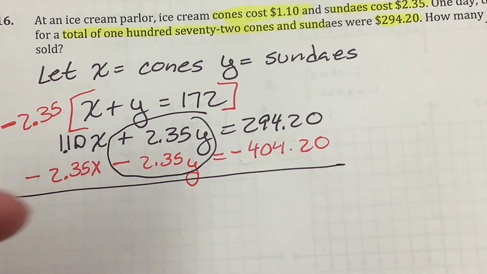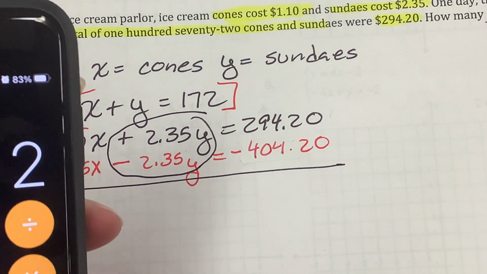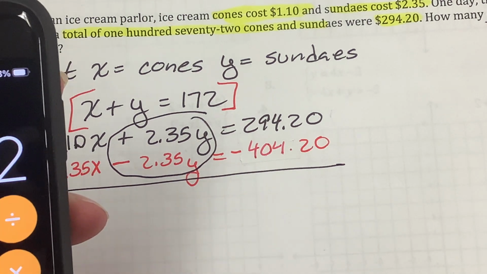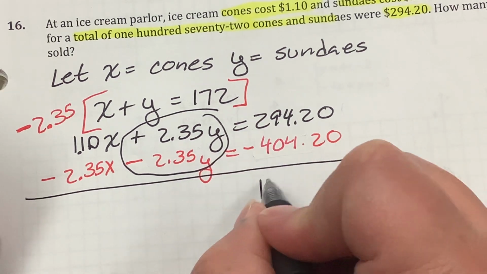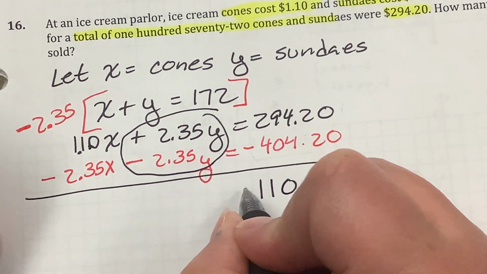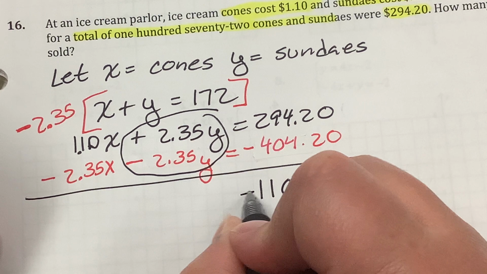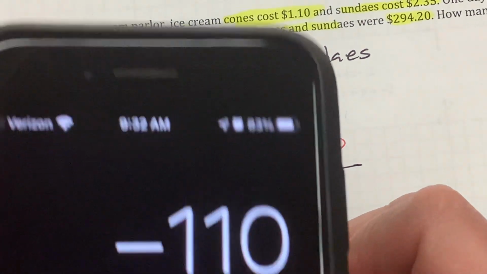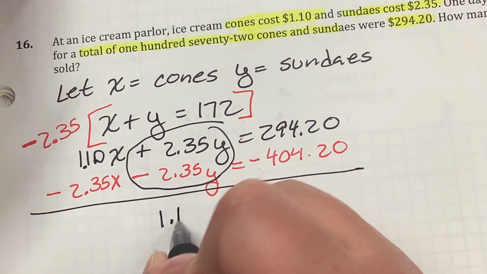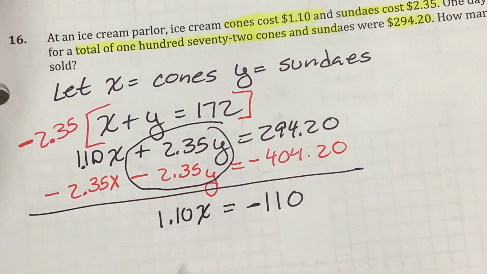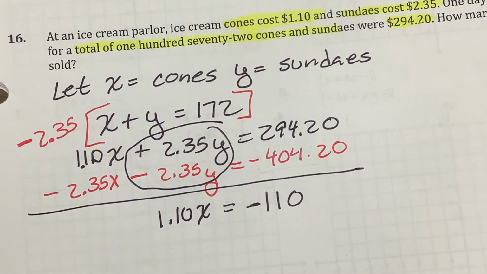Since I already have that, I'm just going to add 294.20 to that and get 110. So this is going to be 110, but it's negative because the 404 is larger. See, negative 110 equals $1.10 times the number of cones.